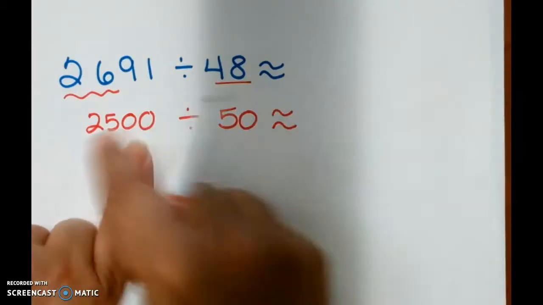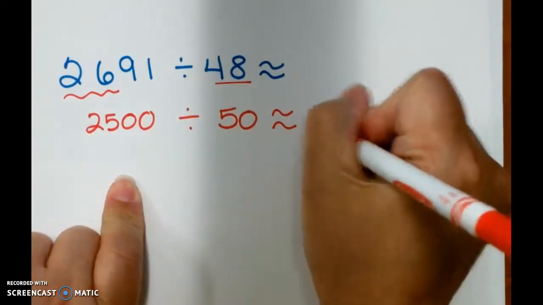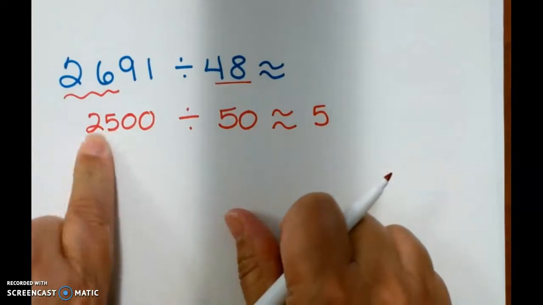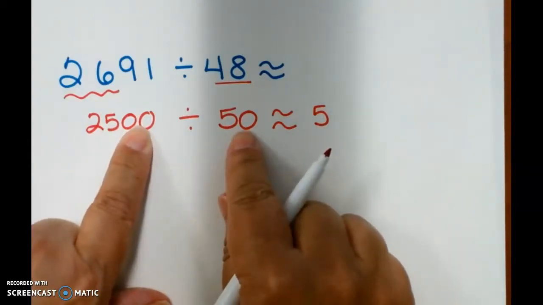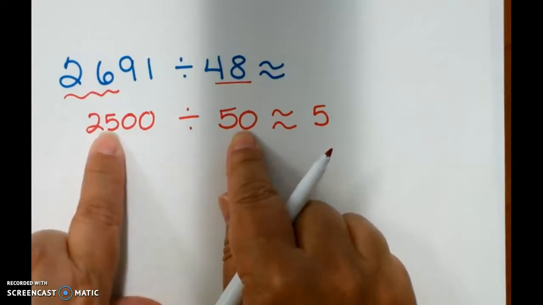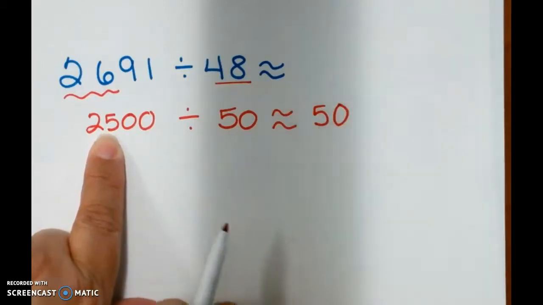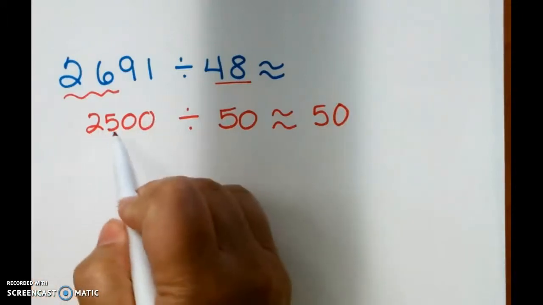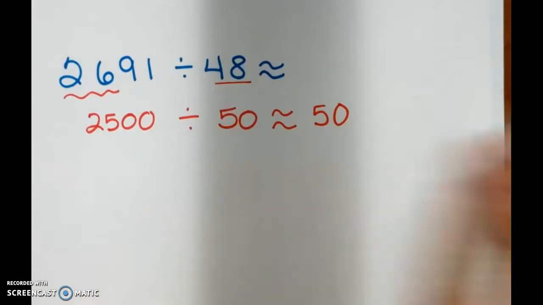So 25 divided by 5 is 5. So I have 25 hundreds divided by 5 tens. Hundreds divided by tens gives me tens. So 2,500 divided by 50 is 50.